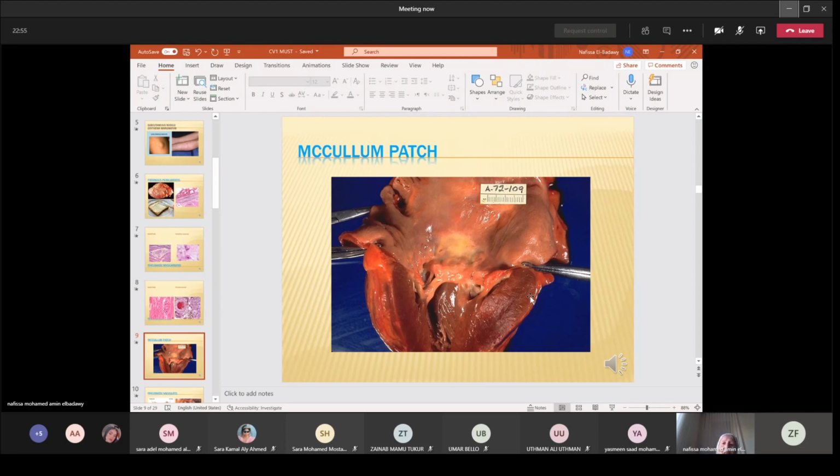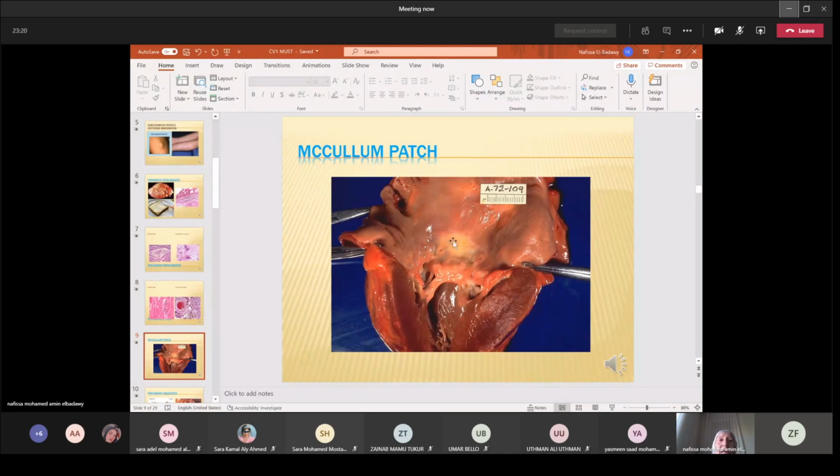So if there is inflammation of the endocardium covering the chambers of the heart, we get some inflammatory infiltrate, and we get some areas where the inflammation heals by fibrosis and causes a white, scarred area.